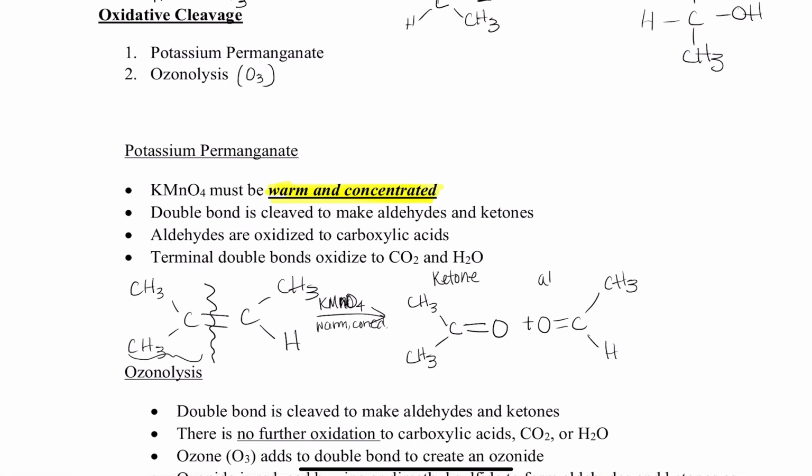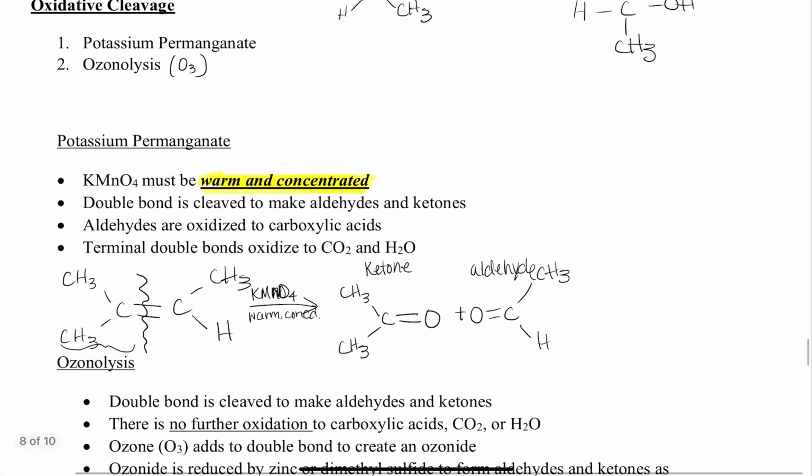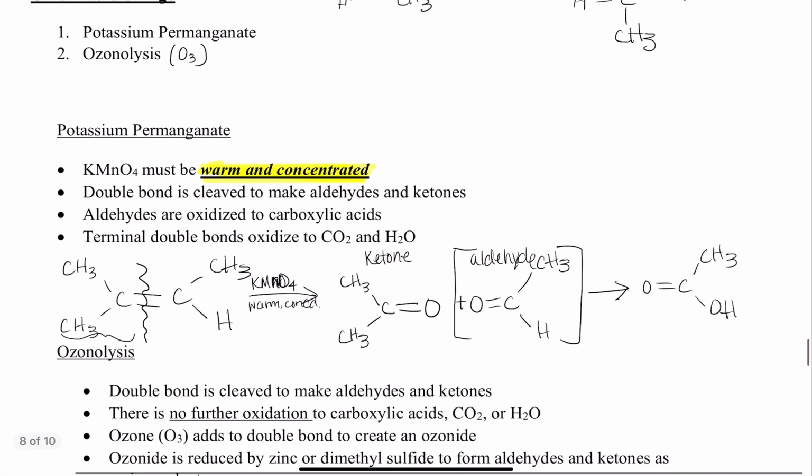On the right side, we have an aldehyde. Our aldehydes are oxidized to carboxylic acid. So this is how potassium permanganate would cleave.